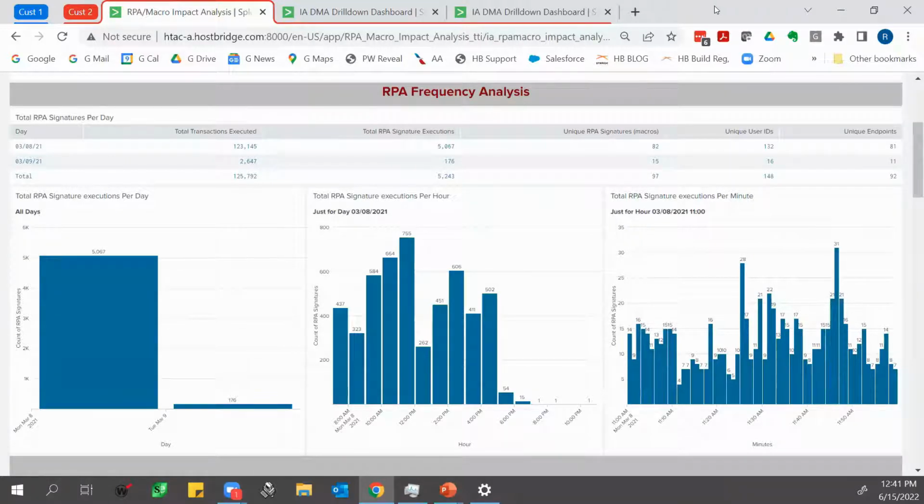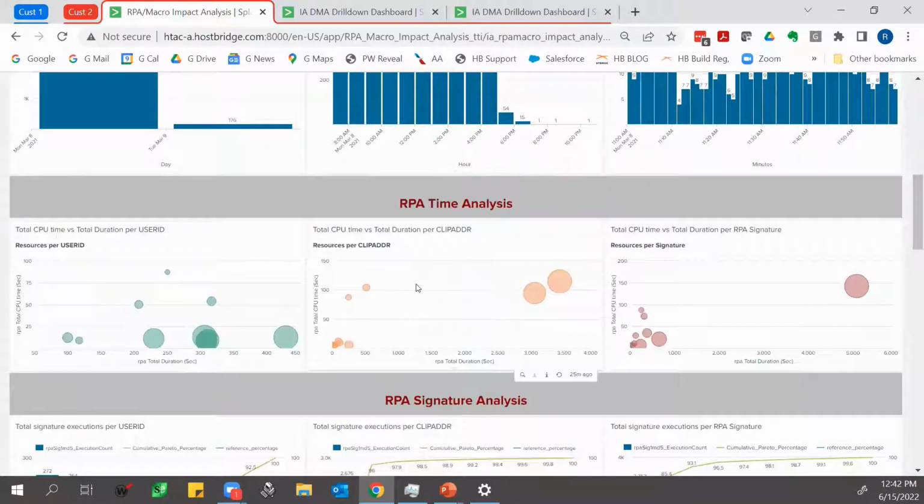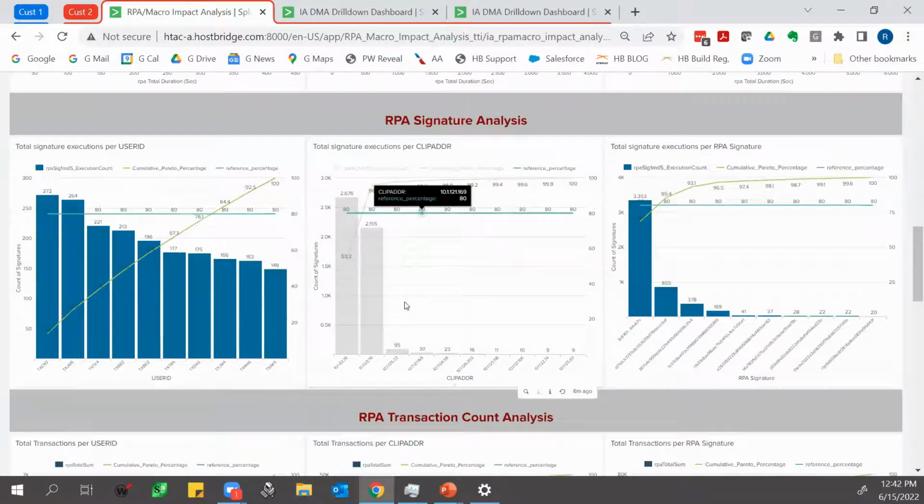Again, we're just focused here on bots, macros, or screen scraping scripts that have probably been running in your organization for a long, long time. But our objective is to let you see the forest for the trees and then help guide our customers to where they can get the best bang for the buck.